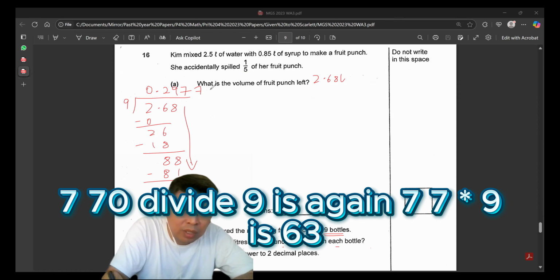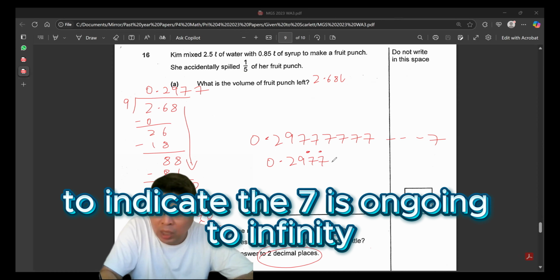So the answer is 0.29777777, ongoing 7. But they want 2 decimal place. So for 0.2977 infinite of 7, you can write it as 0.2977 with the 2 dots above to indicate the 7 is ongoing to infinity.